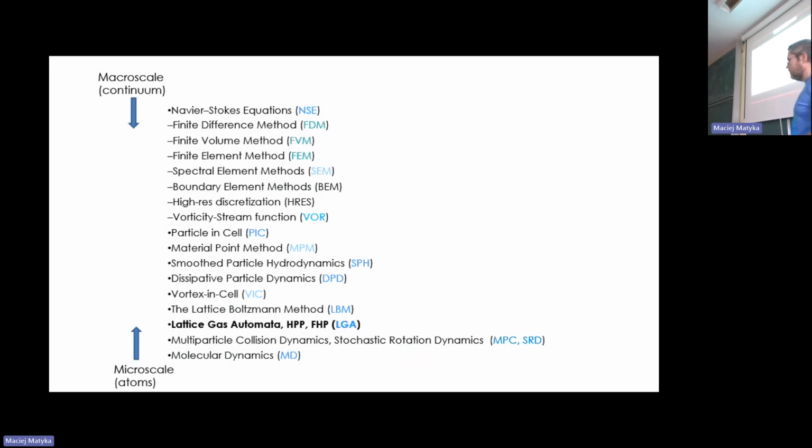Okay, very good question. That's a hard question, because those methods are put here from different perspectives. For instance, those at the very beginning are numerical methods to integrate Navier-Stokes equations directly.